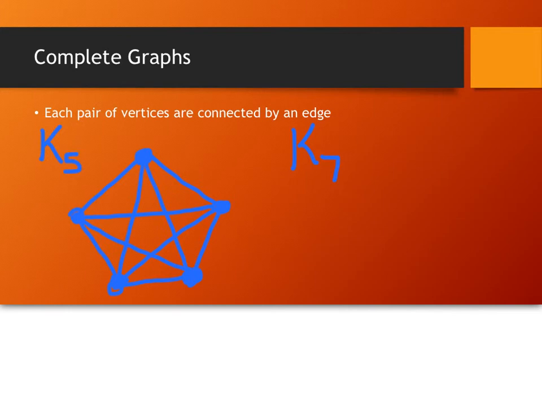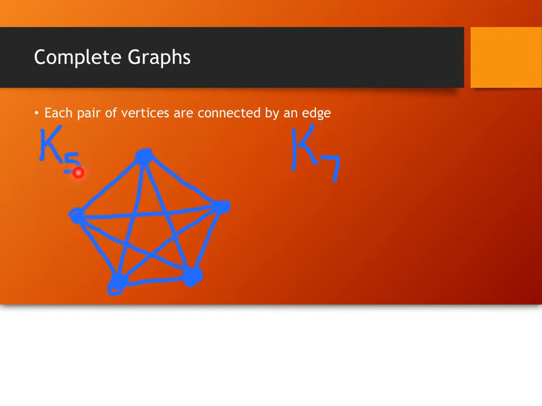All right. By the way, here's one way to check. Just check that there's 4 edges. Since we have 5 vertices, the degree of each vertex, if it's connected to all the rest of them, will be 4, all right, because it's connected to all of the other vertices.